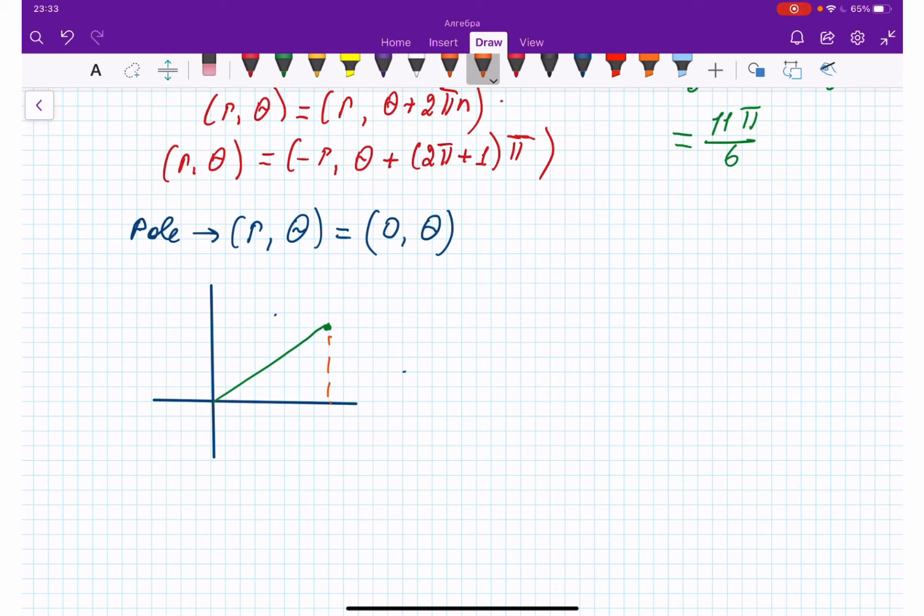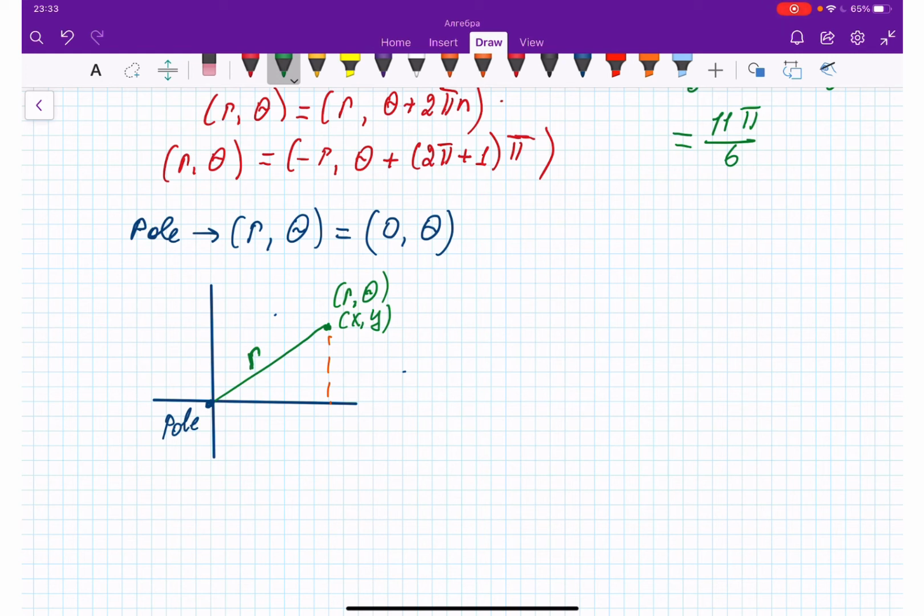Okay, so let me write down what we have. This is our pole, the beginning. This is our r, the directed distance. This is a coordinate r and theta in the polar system, and x and y in the rectangular coordinate system.